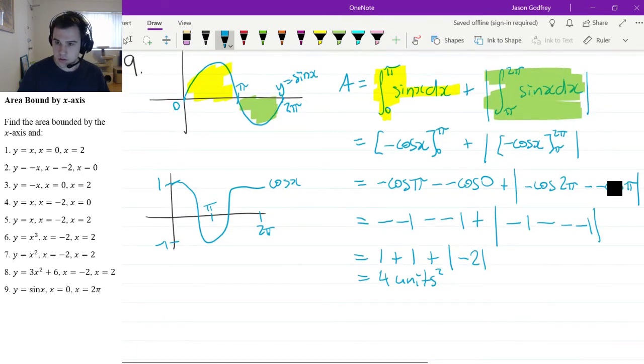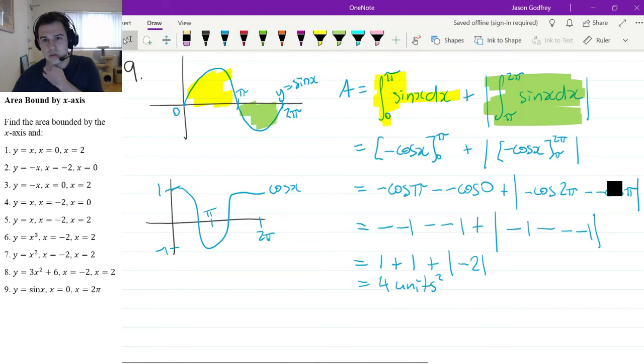So the reason I didn't do 2 pieces is that you should be able to break up a function into different pieces when you see it above and below the axes.